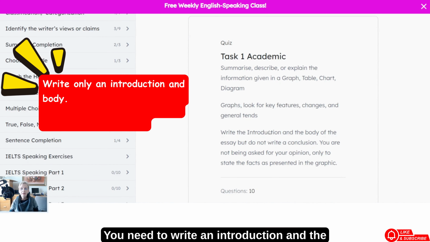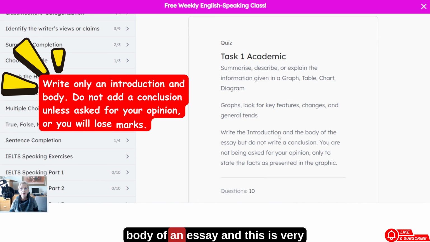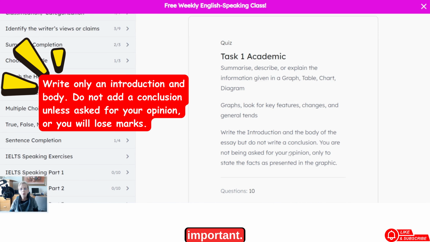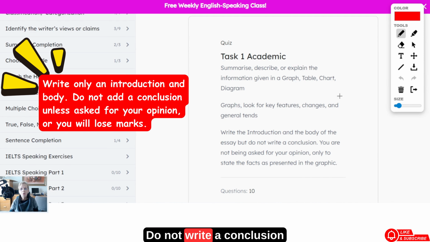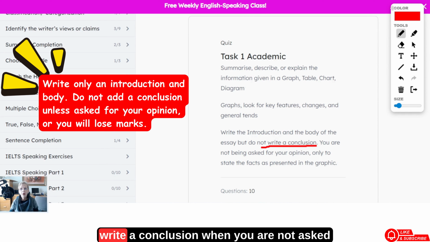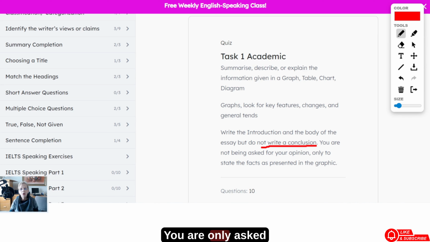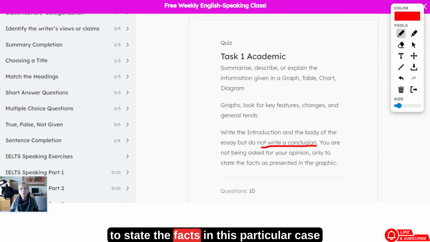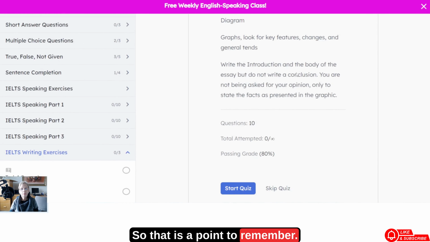You need to write an introduction and the body of an essay, and this is very important. Do not write a conclusion unless you are asked to give your opinion, because if you write a conclusion when you are not asked for one, you are going to lose marks. You are only asked to state the facts in this particular case as presented in the graph. So that is a point to remember.